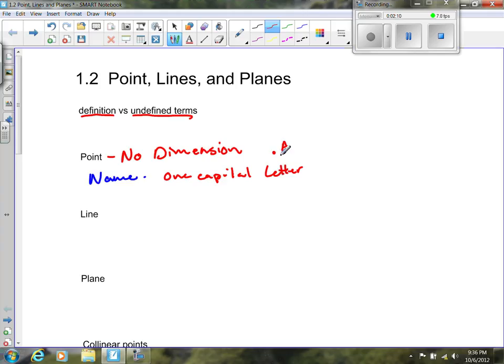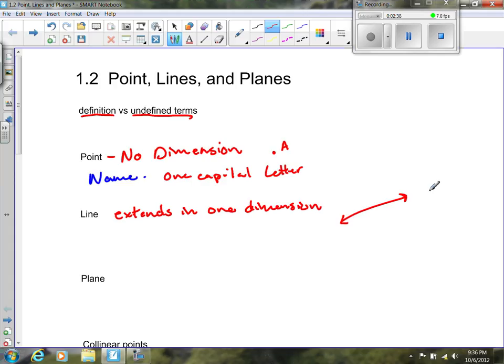That's the picture. Okay, a line extends in one dimension. So a line extends in one dimension. It's drawn straight. So in math, lines are always straight.